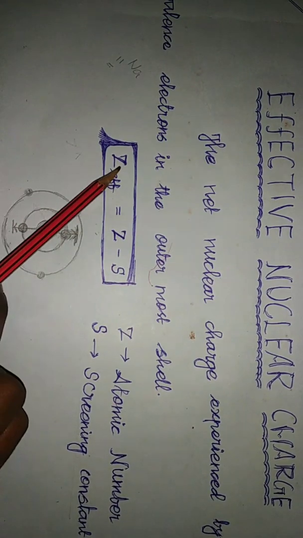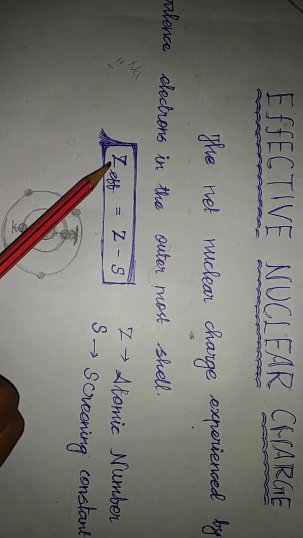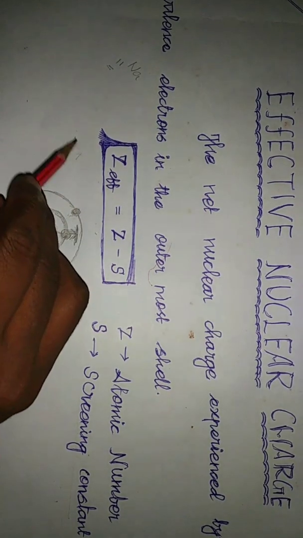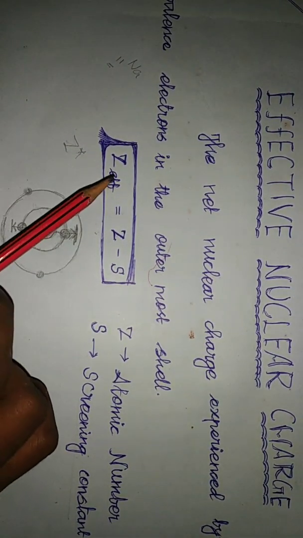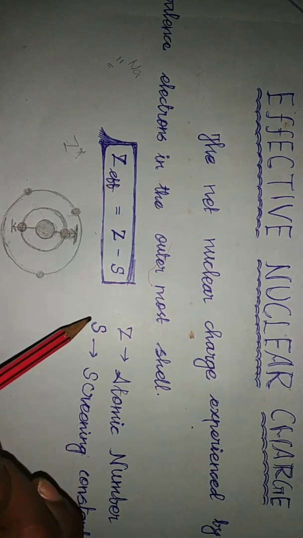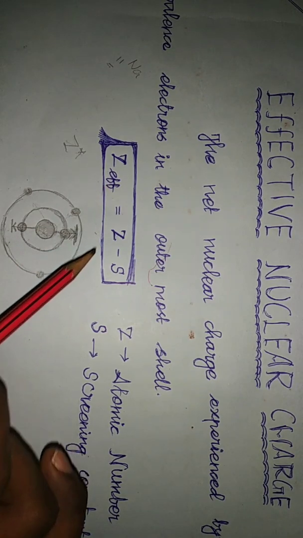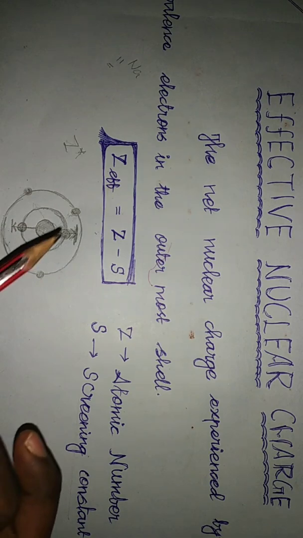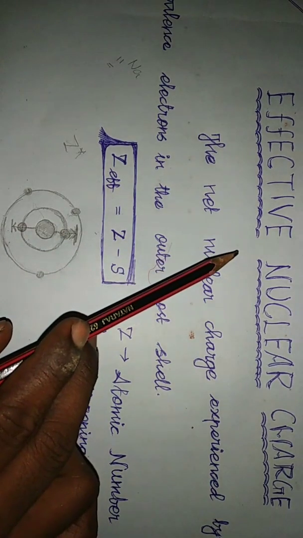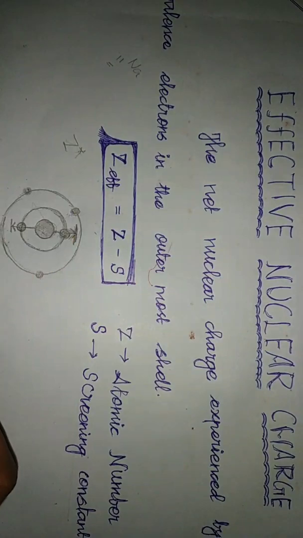In the former years, it was given Z star, and Z star and ZEFF both are same. So ZEFF equal to Z minus S. By using this formula, you can calculate the effective nuclear charge of the electron.